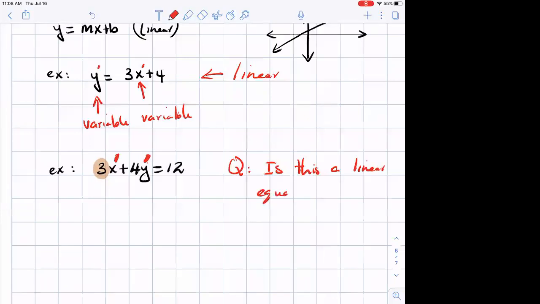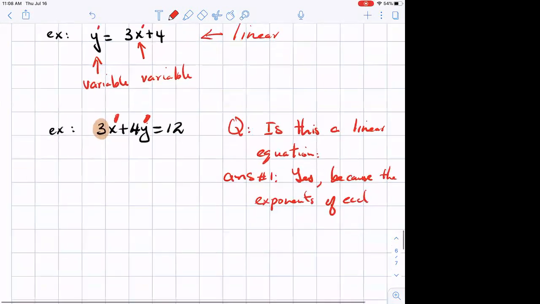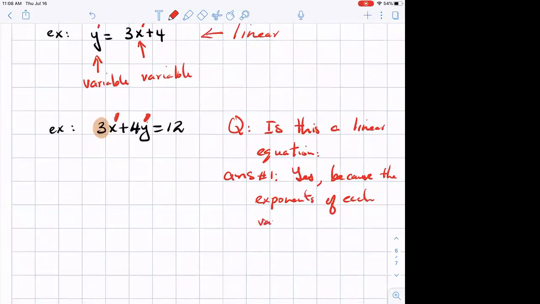So, the big question here: is this a linear equation? And there are 2 ways you can answer. Answer number 1, yes, because the exponent of each variable is 1.